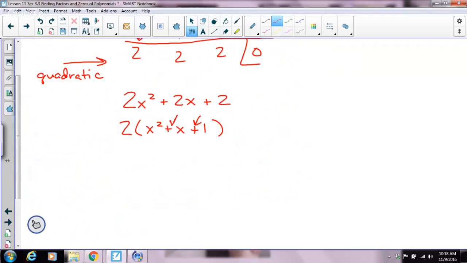Yeah. So if this is a plus, it tells me they're both plus. But the only factors of 1 are 1 and 1. X plus 1, X plus 1 doesn't give you 1x. So you have to use x equals negative b plus or minus square root b squared minus 4ac all over 2a. I suggest you write it and learn it. You were supposed to already know it from earlier this year.